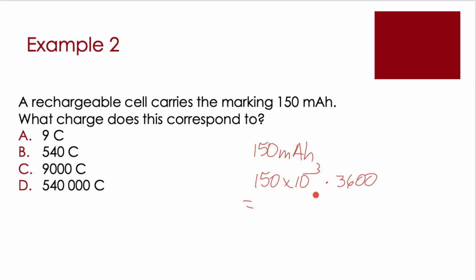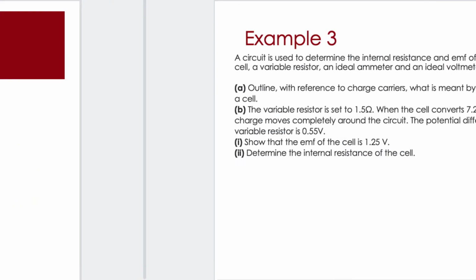So this is divide by 1,000. Let's just do this, 150. And if I divide this by 1,000, I get 3.6. Now, without picking up my calculator, if I multiply 150 by 3, that gives me 450. Well, these values are so different that I'm pretty sure right there it must be 540. You can use your calculator and check if you want.